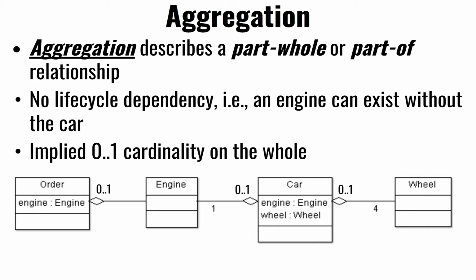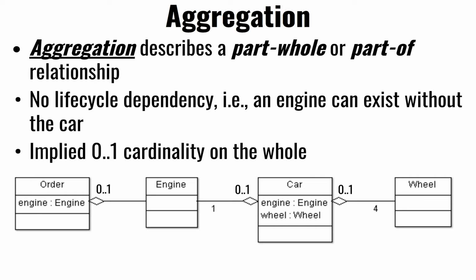So here's a couple of things that we might want to be able to capture, right? We have an order that is keeping track of an engine that we're selling. And also we might have a car that also has a reference to that particular engine, and the car might have a reference to wheels, right? And here we're specifying that with a diamond.